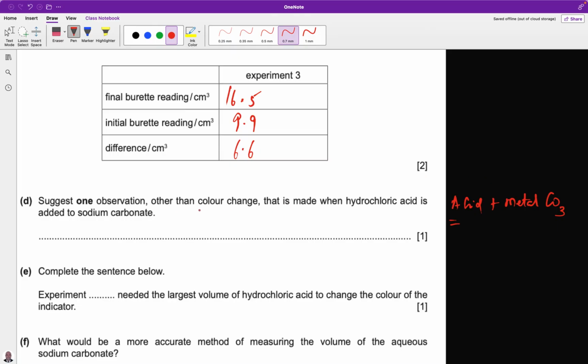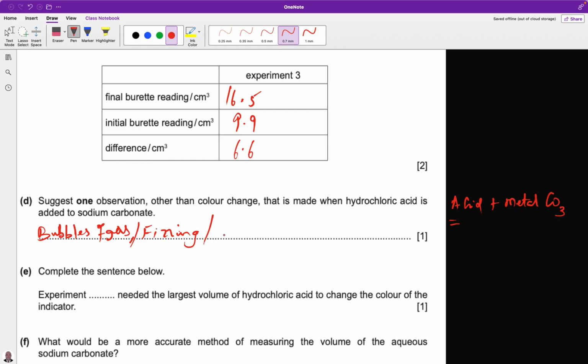We can say bubbles of gas are produced. Bubbles of gas are seen, are observed. Either you say bubbles of gas, or you can say fizzing, the sound you get from the test tube.